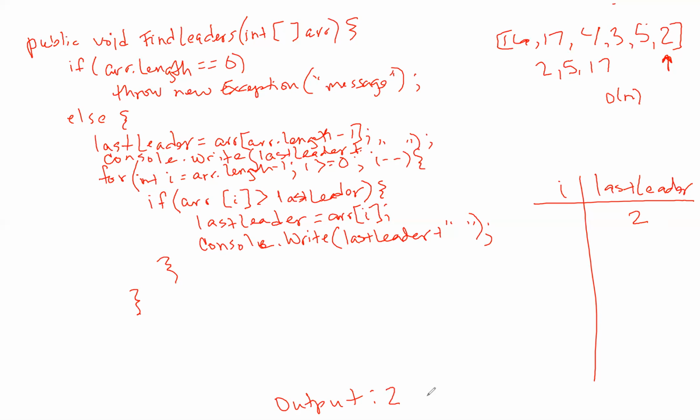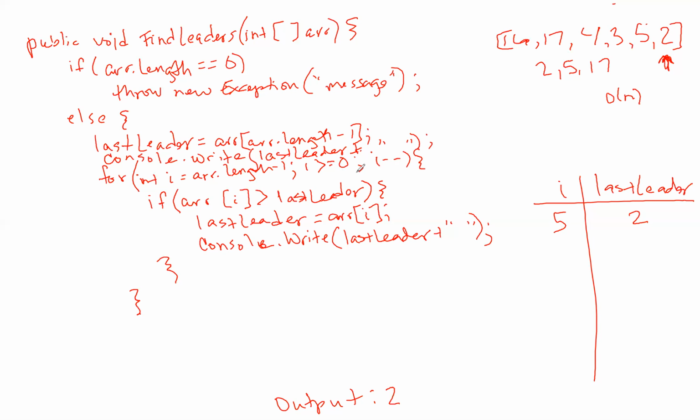Okay, we go into our loop, int i equals array.length minus 1. So i is going to be here, and that is 5, and we're going to go until we're less than 0.